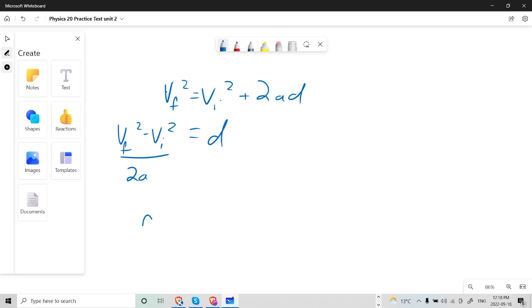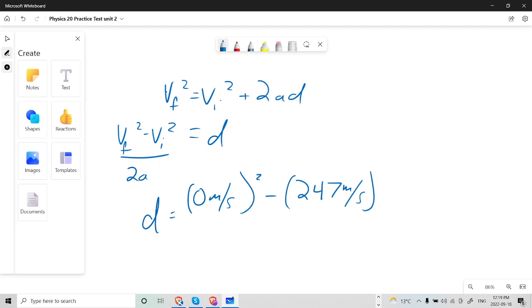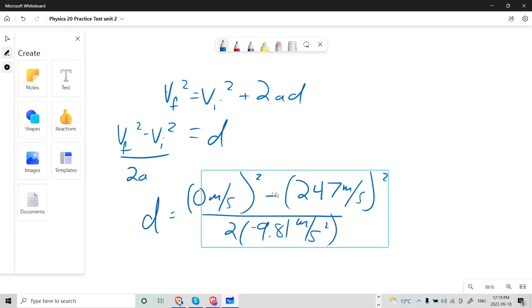That's our displacement. Our final velocity is going to be when it reaches its maximum height, so that's 0. The initial velocity is 247 meters per second, and our acceleration due to gravity is 9.81 meters per second squared. So it's really a negative of 247 squared divided by 2 times negative 9.81.